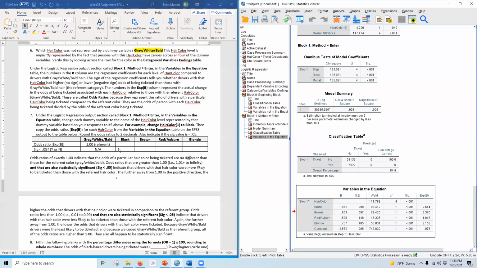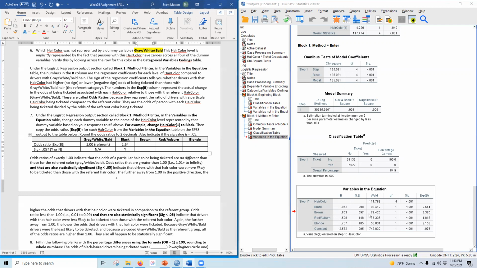All right, so now we want the odds ratio to 2 decimals and also indicate if the sig value is less than 0.05 in this column, and that's a yes or no. So for black hair, odds ratio is 2.644, so to 2 decimals is 2.64. Is the sig less than 0.05? Yes, it sure is. How about brown?